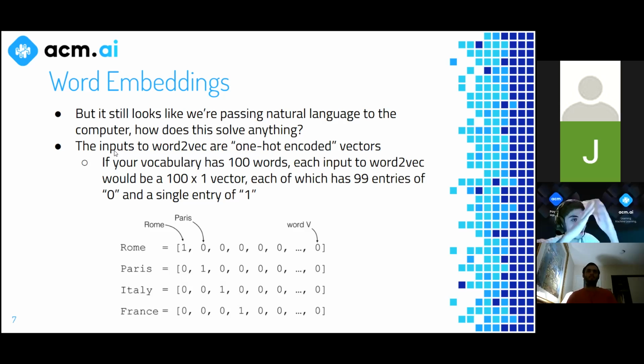So imagine 3,000 separate vectors, each with 3,000 elements. And then in each vector, everything is 0 except for the corresponding word. So if we just look at one vector in our vocabulary space, where our vocabulary space is 3,000, for this vector at the top, in this example, Rome would refer to the first element in the vector, Paris would be the second element, etc.